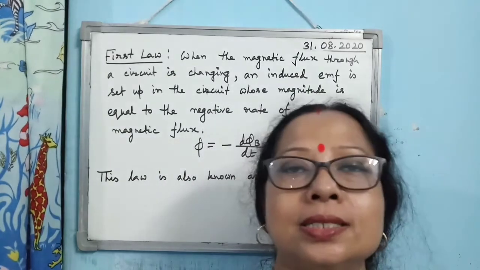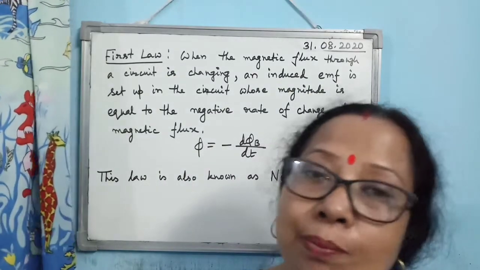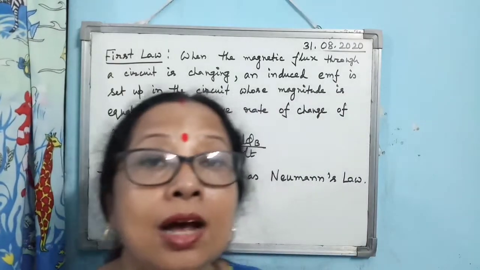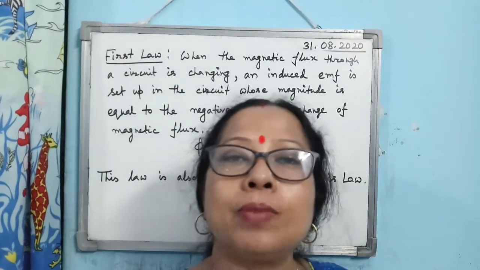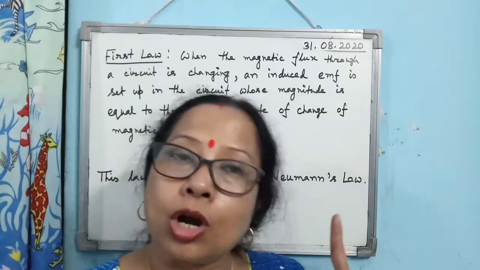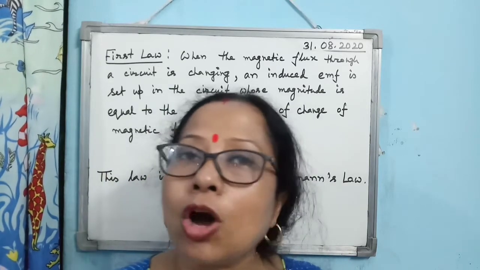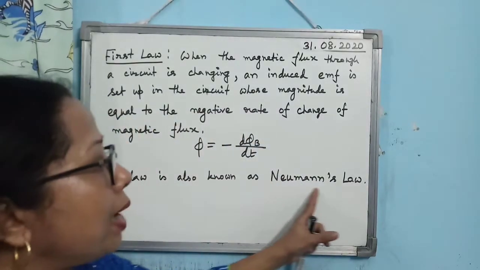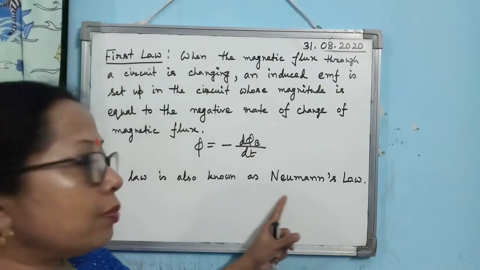Now here both the laws are combined together and given as the first law of electromagnetic induction. It is also known as Faraday's law and also known as Neumann's law. This is the new concept you are getting.